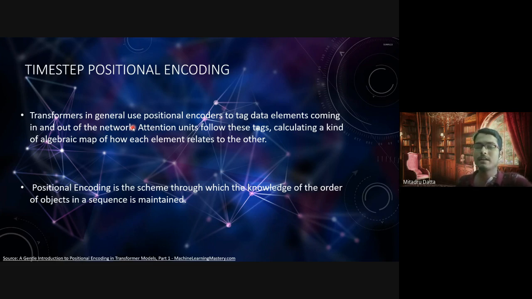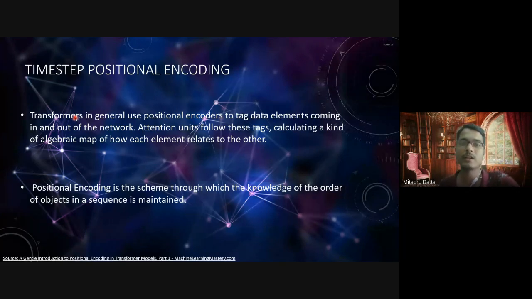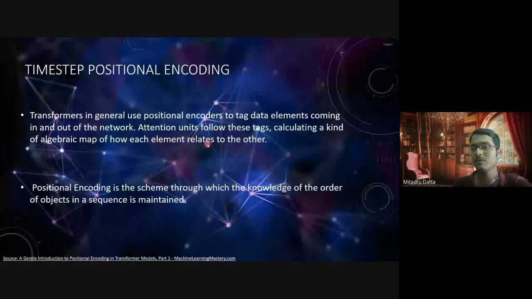And as you will know, we have to pass through the network again and again to get the final image. So to keep track of data elements coming in and out of the network, we use this time step positional encoding. The attention unit follows these tags, calculating a kind of algebraic map. What kind of algebraic map? We are going to see that.